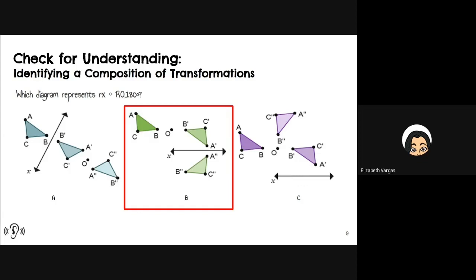So the big takeaway is to always identify where your pre-image is first, then identify the next step by finding the one with one prime notation, and then the second step by finding the one with two prime notations. Okay, but we'll review this right now. So there we have our rotation about the origin, 180 degrees, and then we have our reflection about the line x. Okay.